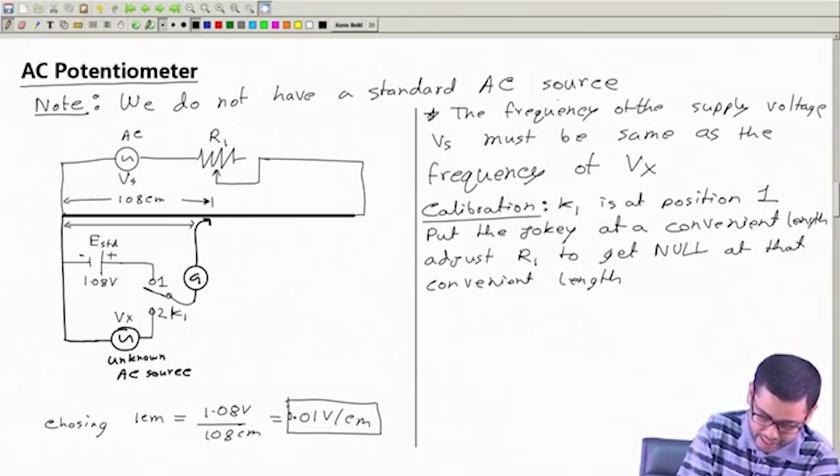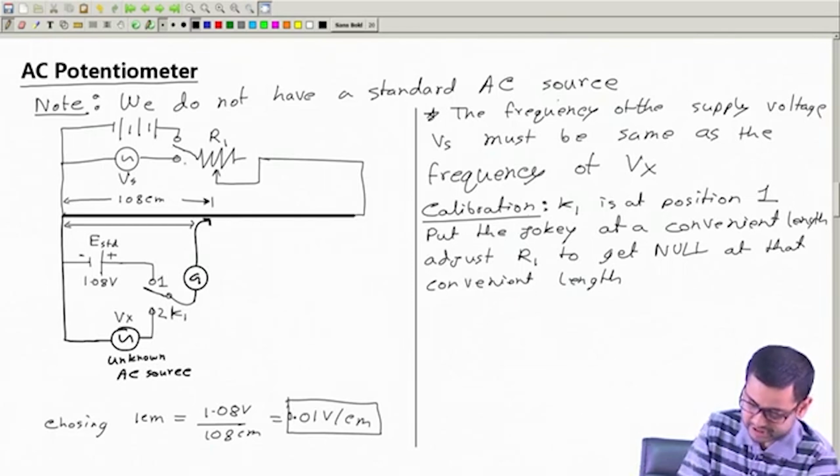We will have another DC source, and a key which can connect between these, call this key K2, position 1 and position 2.